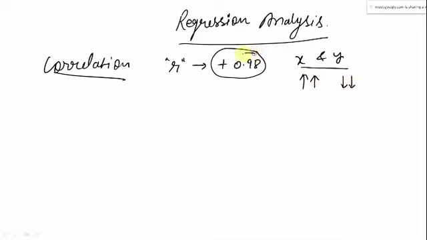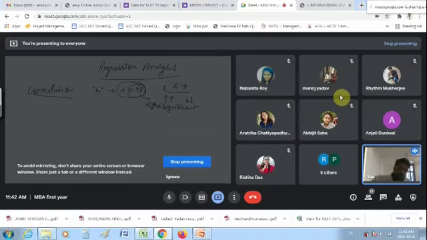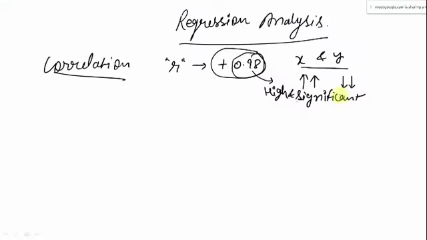And because of this 0.98, the dependence is quite high and significant. Any single change in one variable will be reflected in the values of the other variable. So this is what we have calculated using correlation. We have calculated the intensity of dependence.